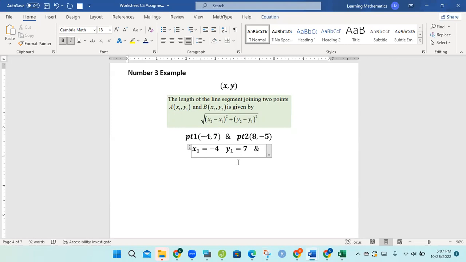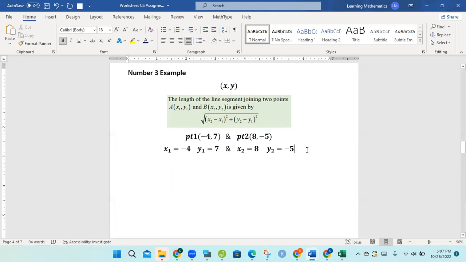And point number 2, x2 now is actually 8, and y2 is actually negative 5. So the coordinates of the points are properly labeled.